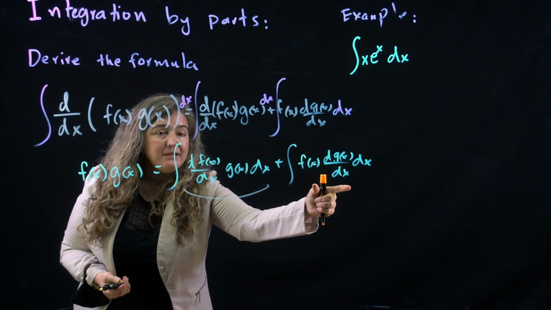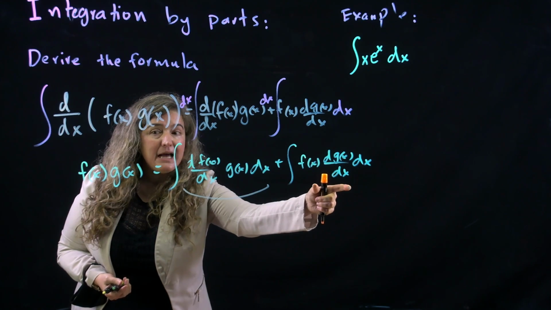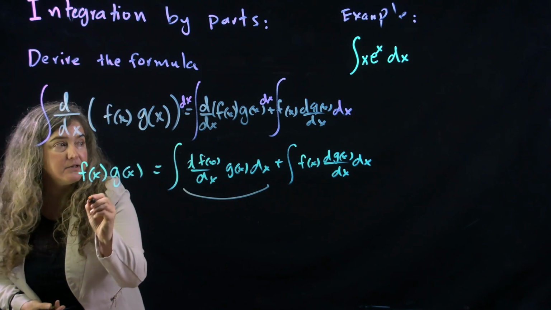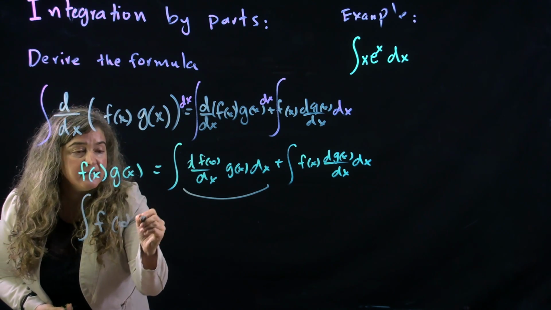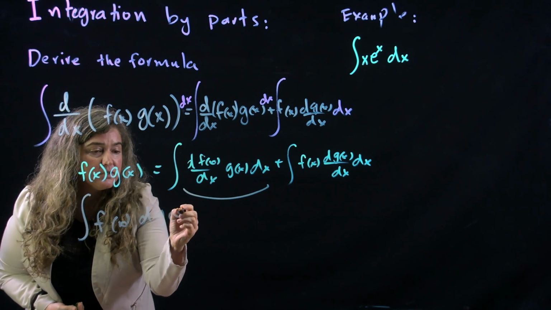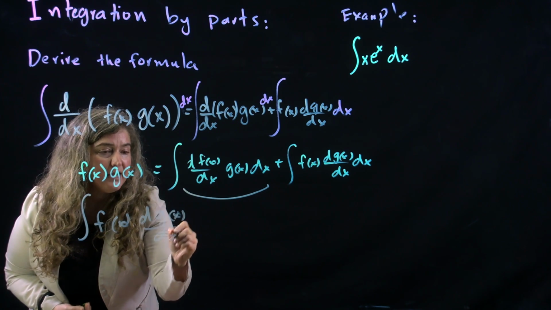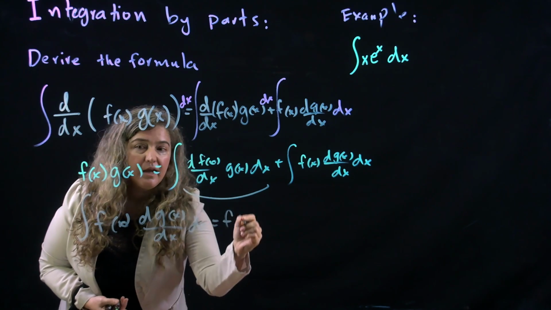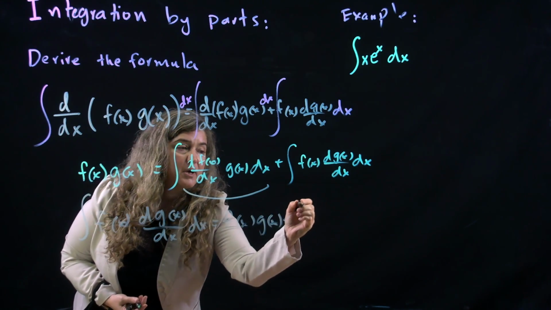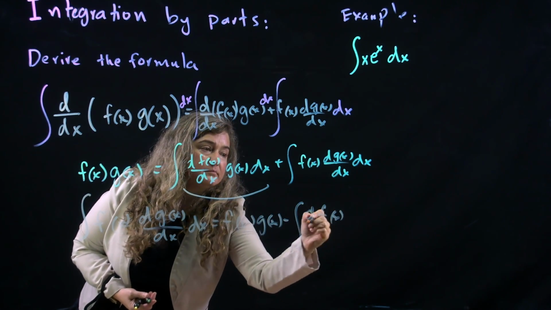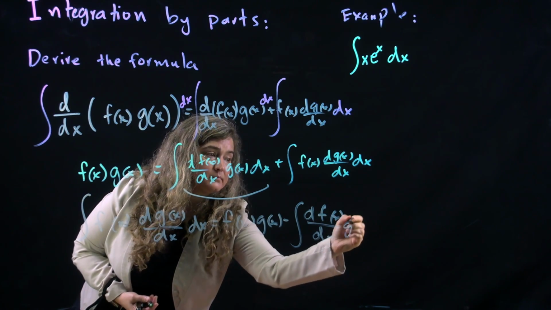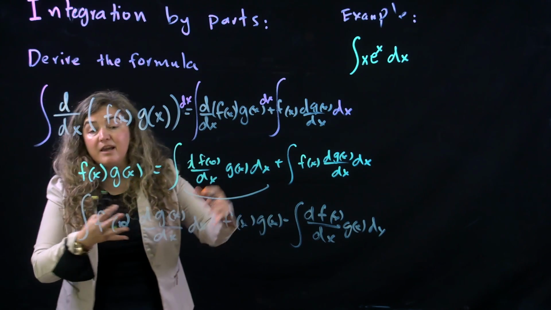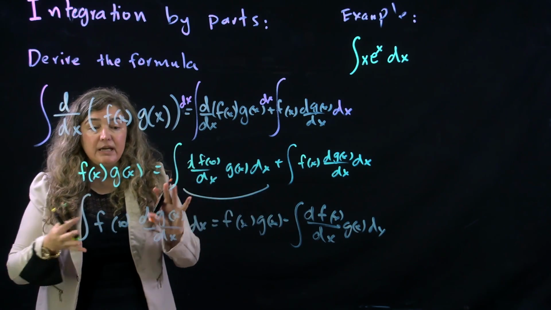So this antiderivative, I can compute by f of x times g of x minus this entire thing. So it would be f of x times the derivative of g of x with respect to x, dx, is going to be f of x g of x minus... So this seems like a lot of x's and f's and g's and everything.